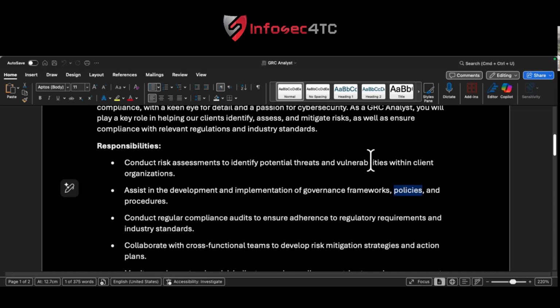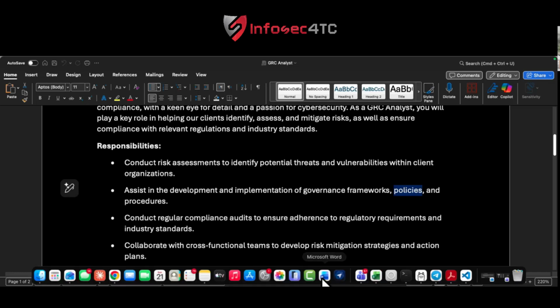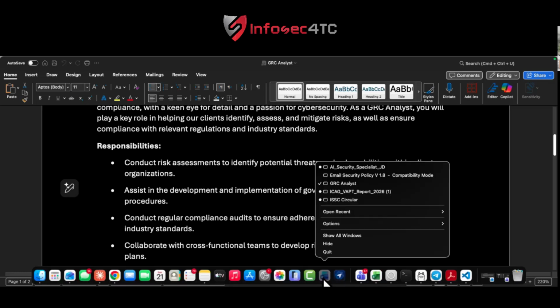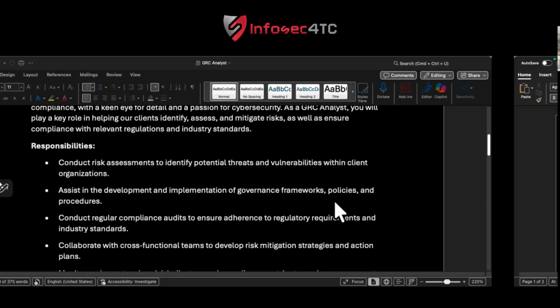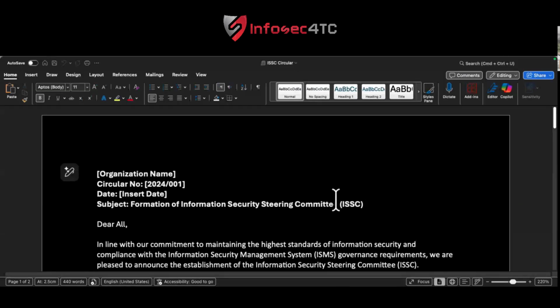Okay. Let me show you an example. In big organizations like government or enterprise organizations, they usually have something called an Information Security Steering Committee. The Information Security Steering Committee is a committee that consists of all the functional managers.